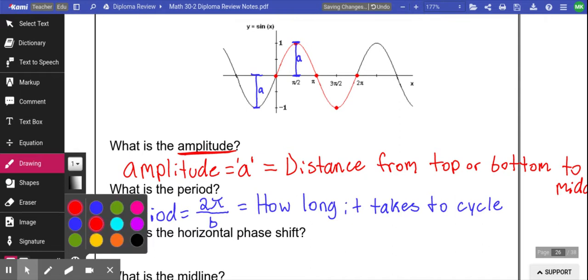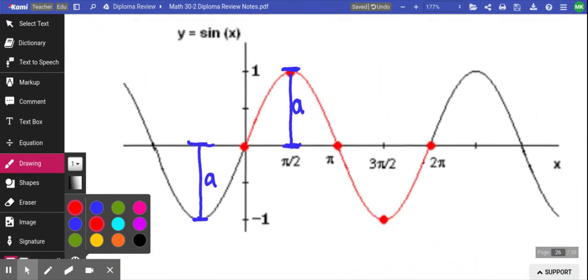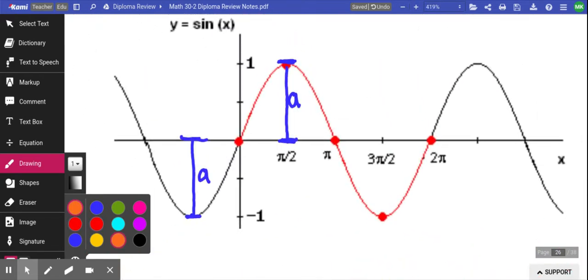So your period for this question, what you want to do is look at your graph and find 2 points that are the same. So for instance, looking at this graph, this point right here is the same as this point right here. They're both x-intercepts that both go up afterwards.